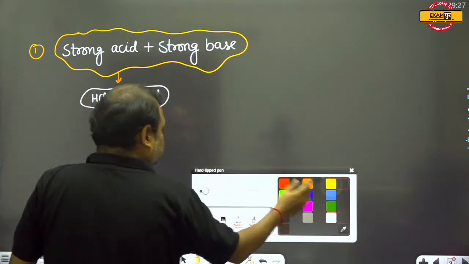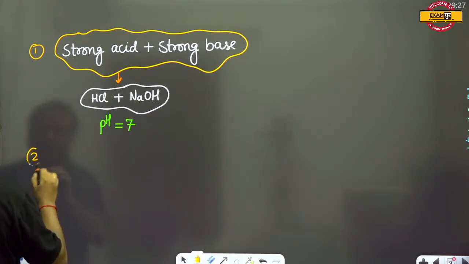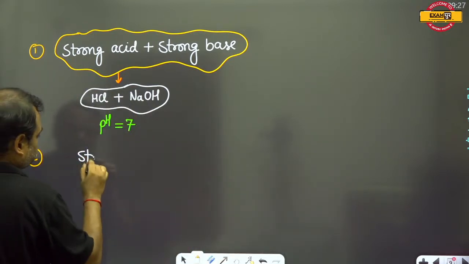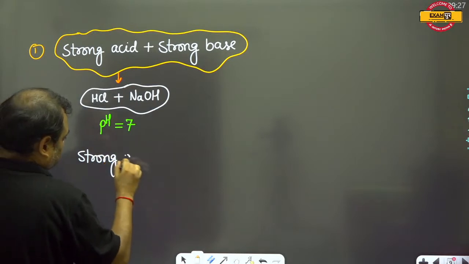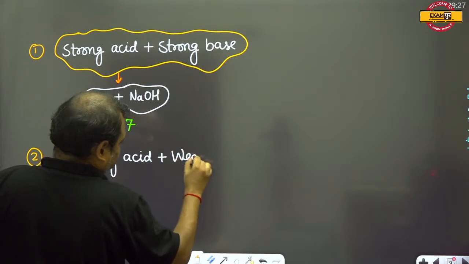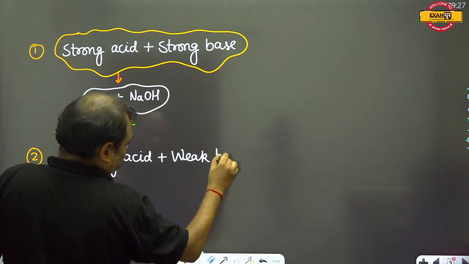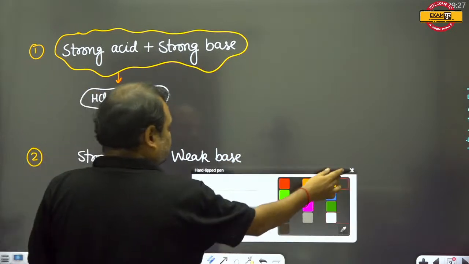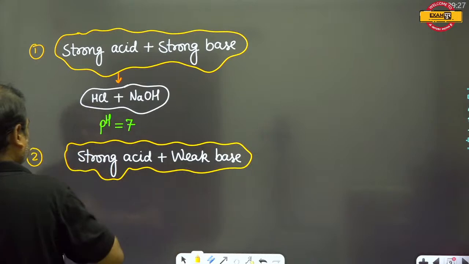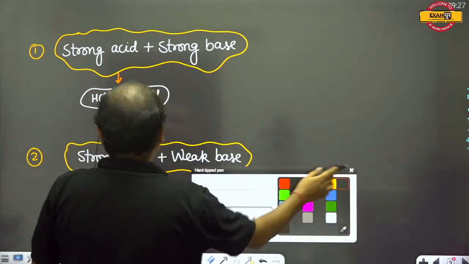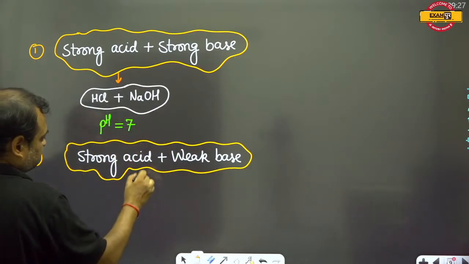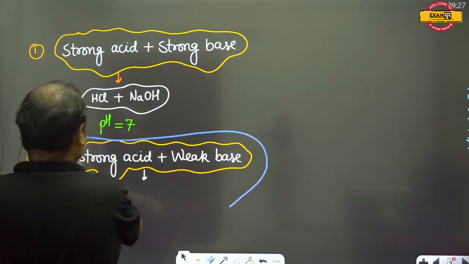And suppose that you have been given a solution of strong acid plus weak base. If you are asked to tell the pH value of such a type of solution, let me tell you an example.